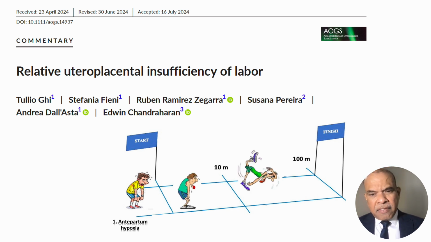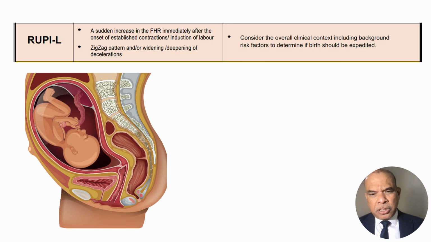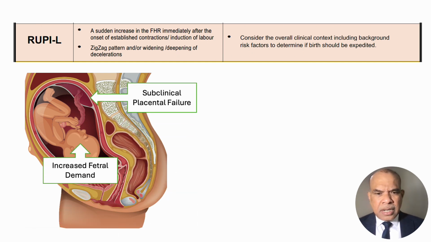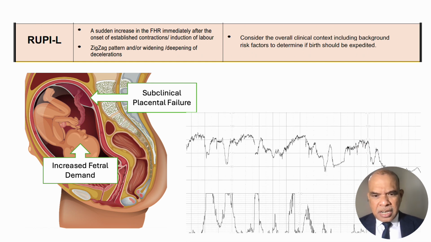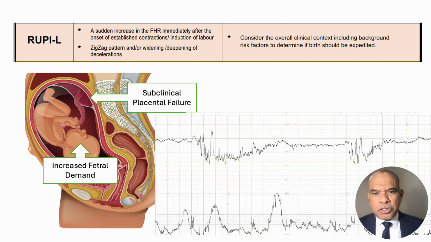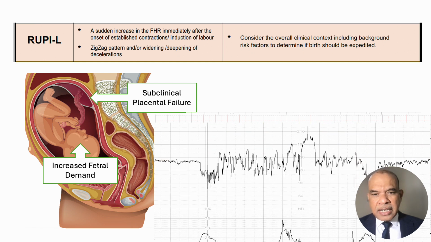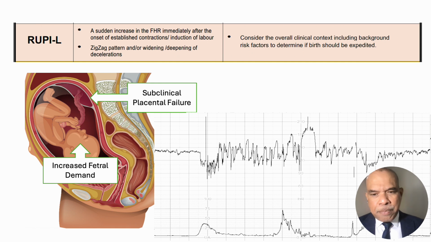Whereas in gradually evolving hypoxia, the hypoxic changes happen very, very late. Whereas in relative uteroplacental insufficiency, because this fetus has a subclinical problem, the moment the placenta or the uterus contracts, or if there is increased fetal demand, for example diabetes or chorioamnionitis, then as soon as the contraction commences, the fetus is going to show you various changes, including tardy decelerations or zigzag patterns.